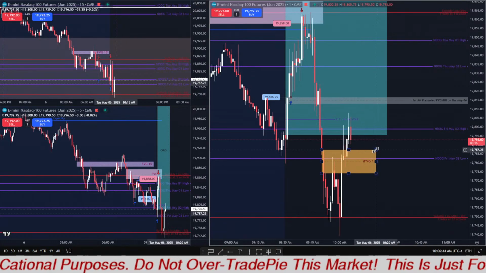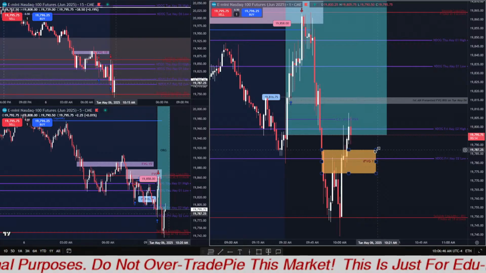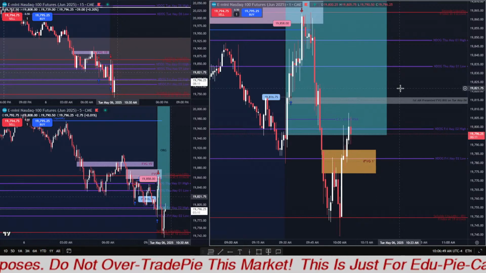I'm expecting to see this fair value gap acting as an inversion and sending price higher.